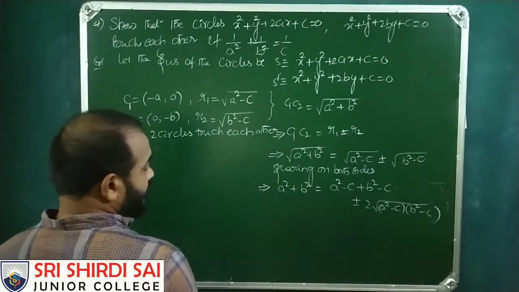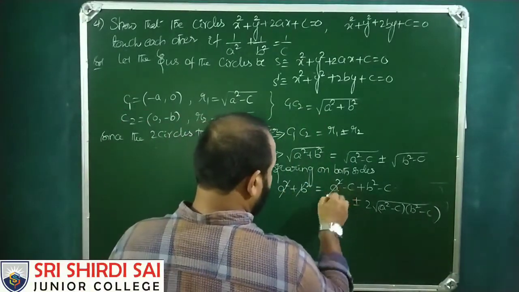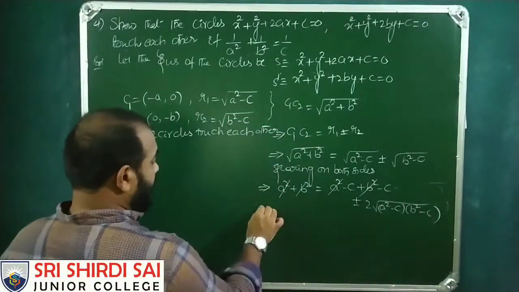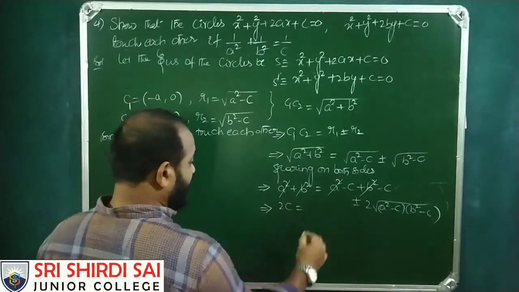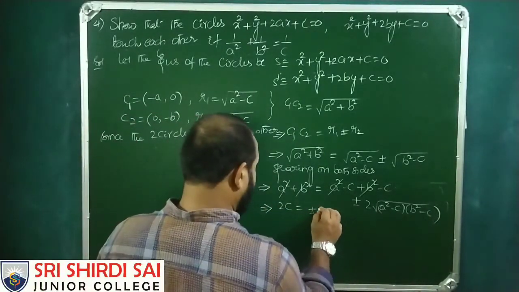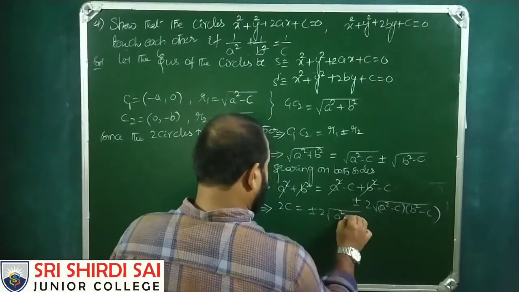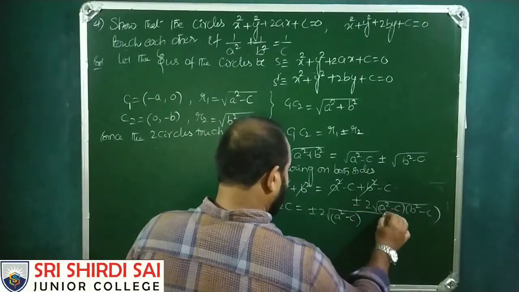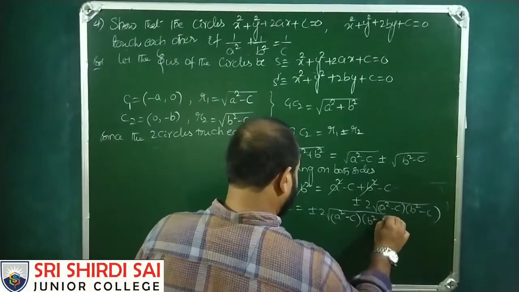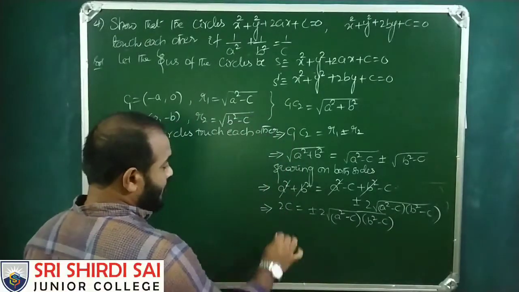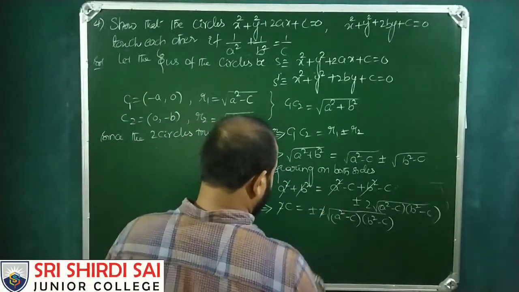This is equals to a square plus b square. The a square plus b square gets cancelled. So this is 2c is equals to plus or minus 2 root of a square minus c into b square minus c. So 2 gets cancelled.